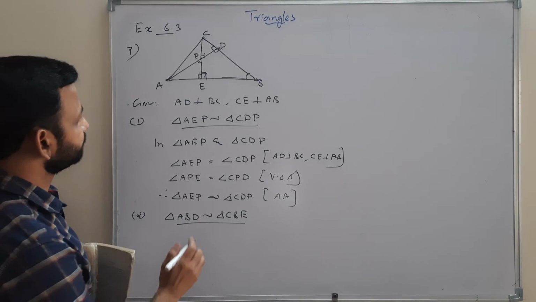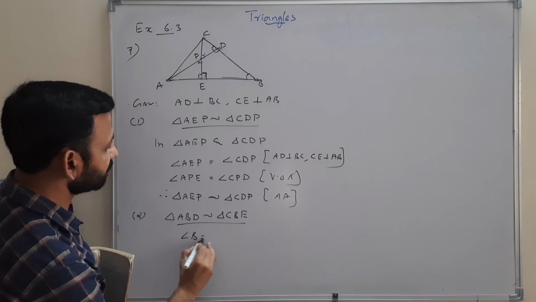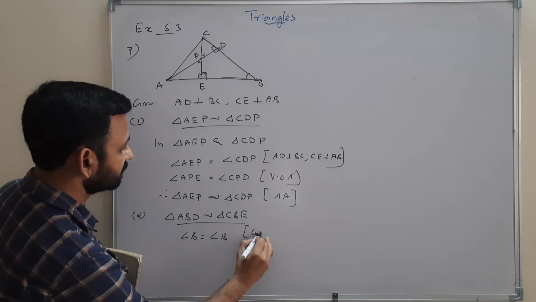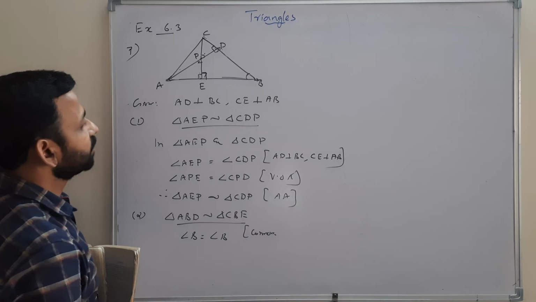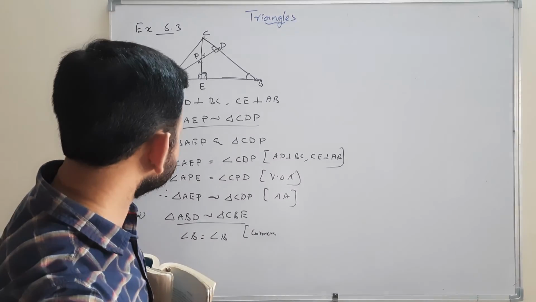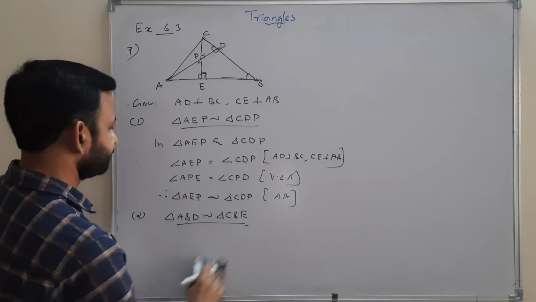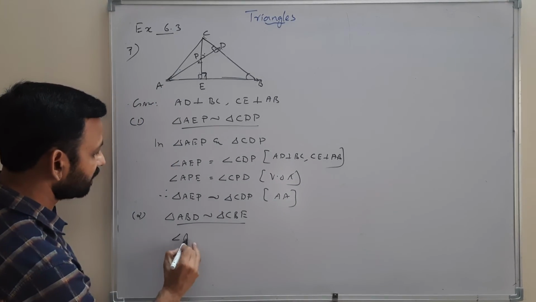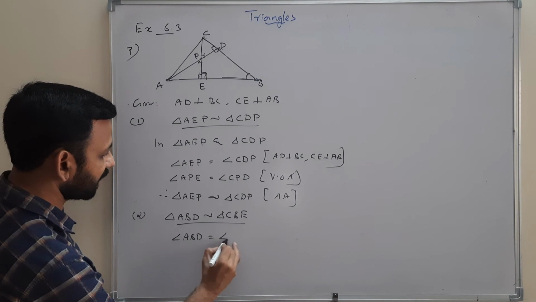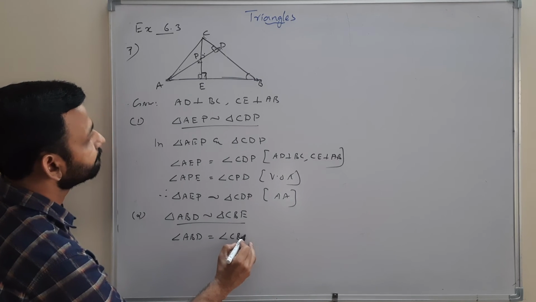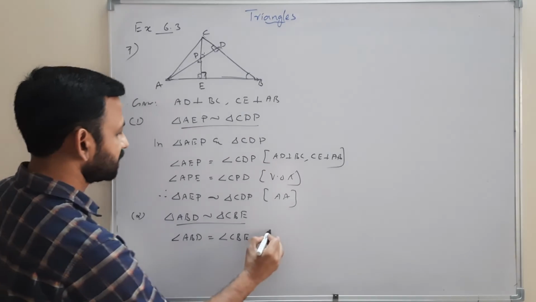We can write angle B equal to angle B, reason common, or using three letters, angle ABD equal to angle CBE, reason common.